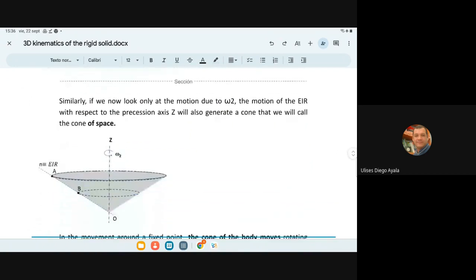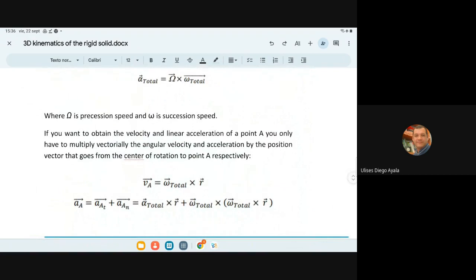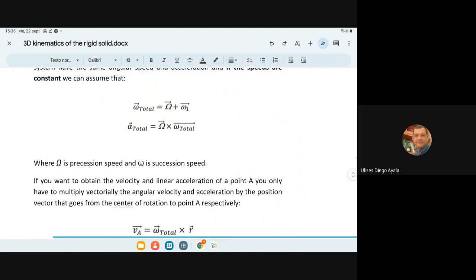Okay, so this is the explanation of the cone. And this is the velocity. This is what I said, the addition of these two.